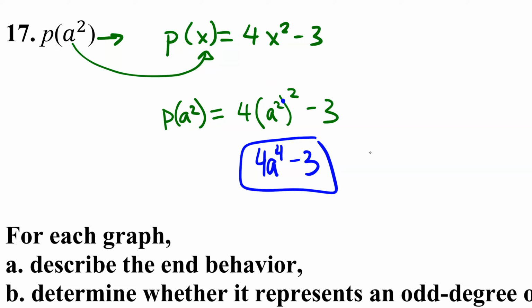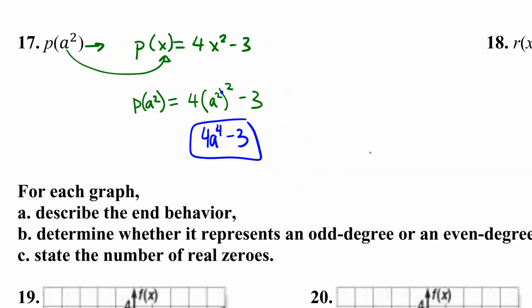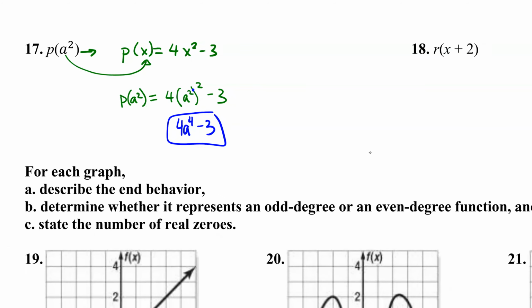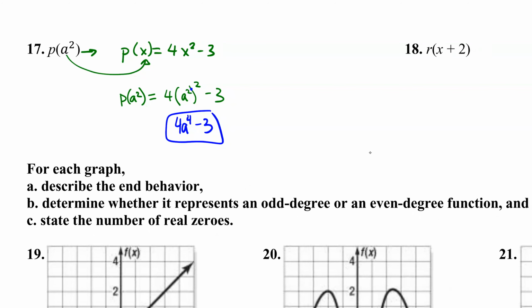That's doable. I just want to make sure I'm not rushing you too much so you can write it, think about it, and understand that when you have a power to a power, you multiply those exponents. We're going to do number 18. We'll do number 19 and 20 as well, and that's where we'll stop.